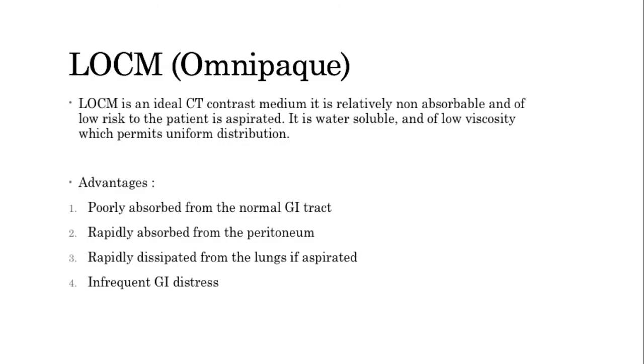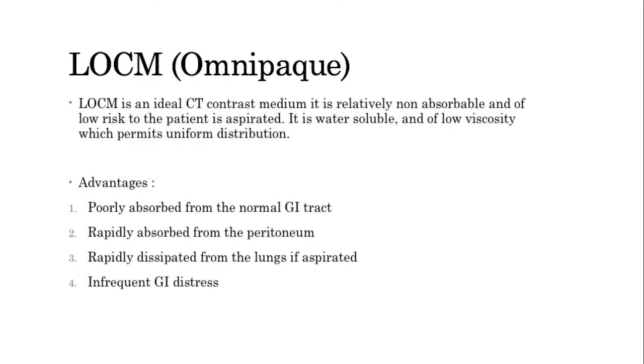Omnipaque, which is a low osmolarity contrast medium. It's water soluble, it's absorbed by the body if it leaked, and of low viscosity, which permits uniform distribution. The advantages: it's poorly absorbed from the normal GIT. So if it passes through the GIT, it will opacify it nicely without actually absorbing it to the external of the body.